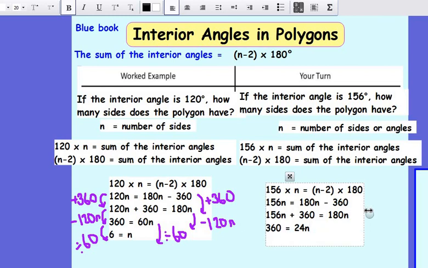Dividing both sides by 24 tells me that in this case n is equal to 15. So my polygon in this case has got 15 equal sides. Please make sure you've got this example in your dark blue book. This is tricky, take it slow and check your answer as you go.